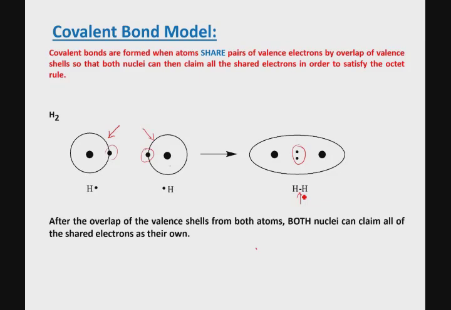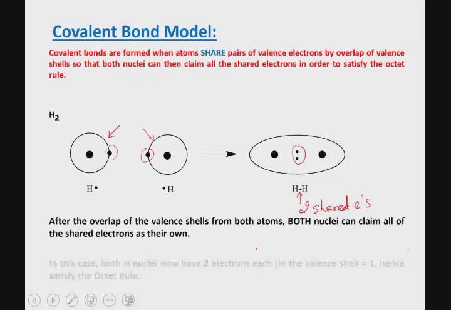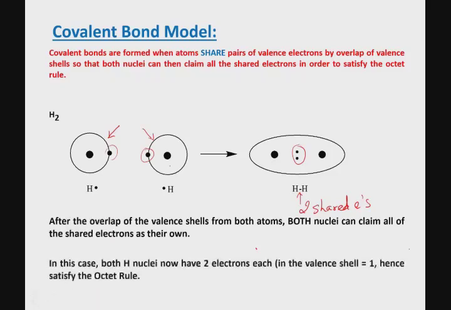That line denotes a covalent bond. Each covalent bond, in other words, each of those lines indicates 2 shared electrons, or 1 pair of shared electrons. So every time one covalent bond is formed, 2 electrons have to be shared between 2 nuclei in order to create that bond.